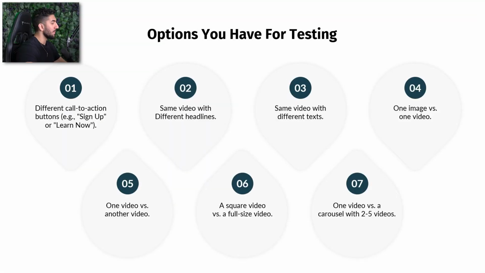So guys, here is a PowerPoint I made for you in order to explain everything better, so hopefully you learn and get value. There are different options that you can test when it comes to creatives in Facebook ads, because you have to know that creative is one of the most important things in order to have consistent sales and stability, and in order to exit your brand in the future.